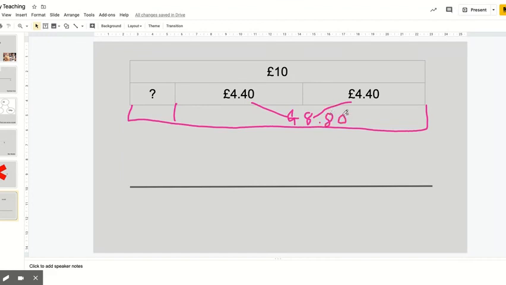So now, by adding this extra row onto my bar model, I can now see I've got a £10 note in the start here. I've spent £8.80. How much is my change? It's easier to manage now that I've added these 2 values together.